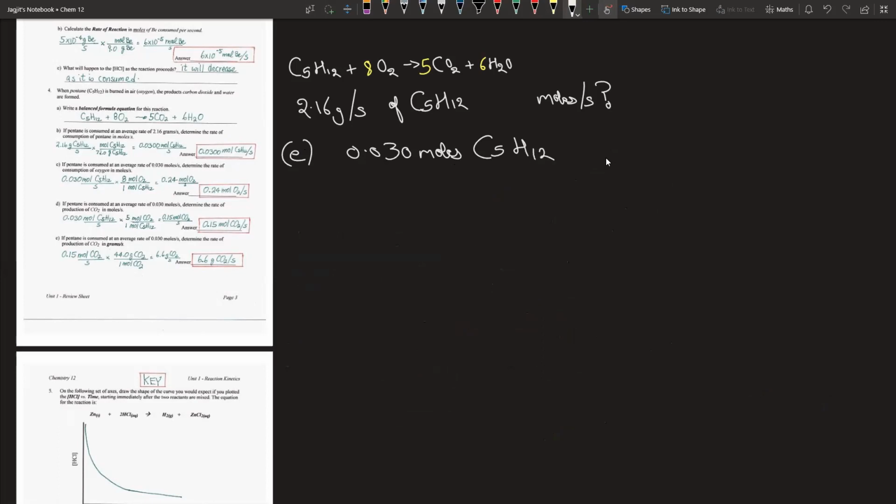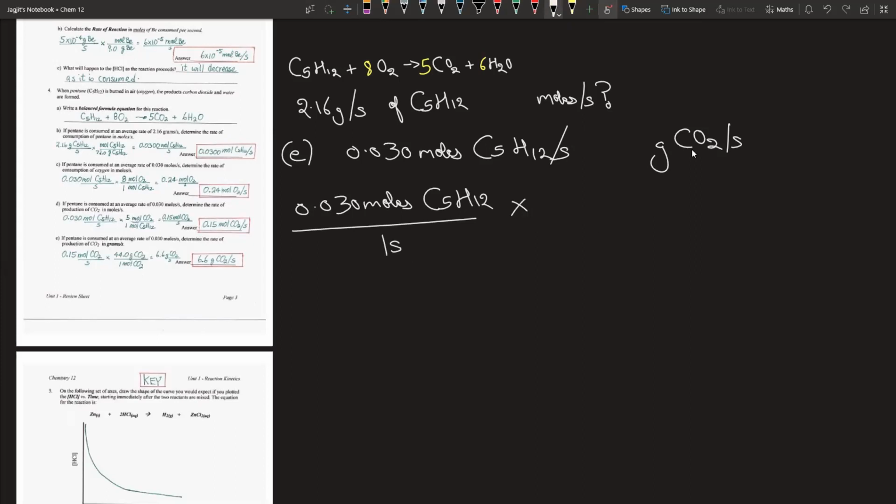And they want you to express it in terms of grams of CO2 per second. So you say, okay, we have 0.030 moles of C5H12. This was per second, by the way.